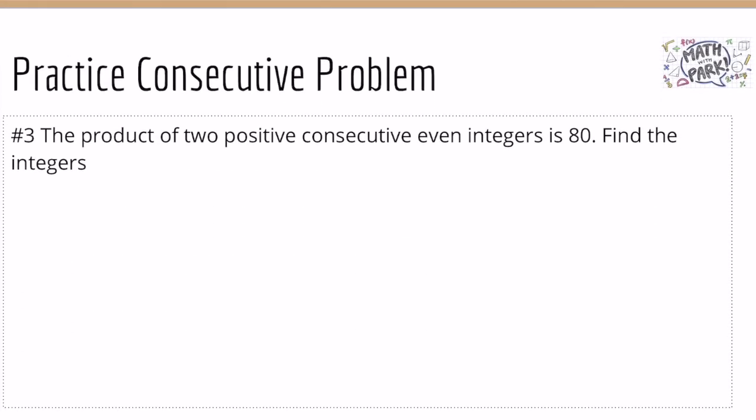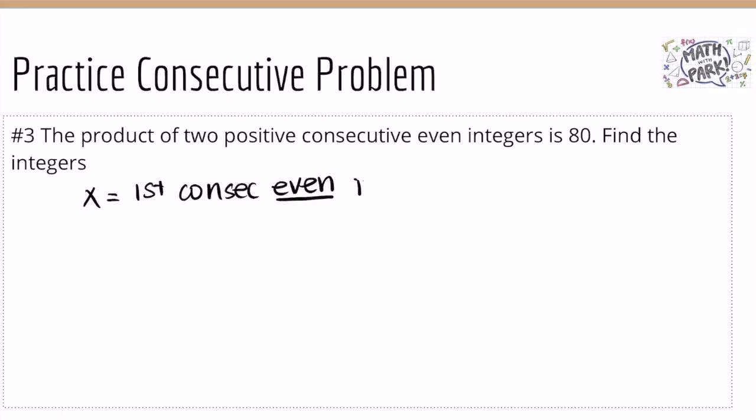So this is how we come up with the rules for even integers. In our practice problem that you answered in our prior slide, the question asked: the product of two positive consecutive even integers is 80. Find the integers. Since we are working with two even numbers, x will represent our first consecutive even integer.